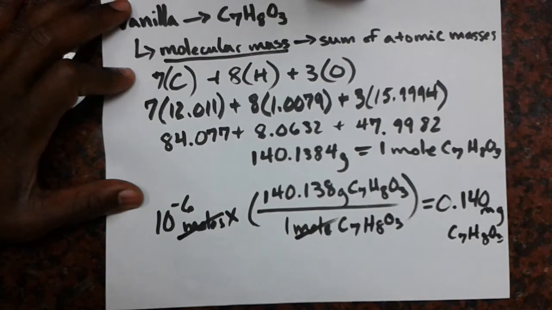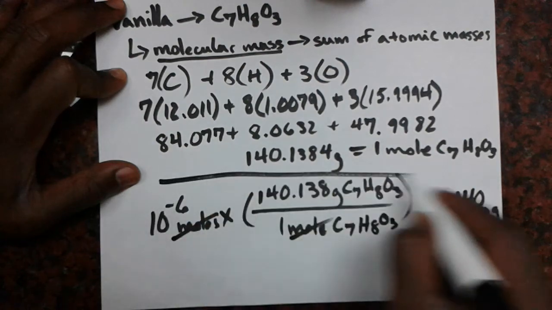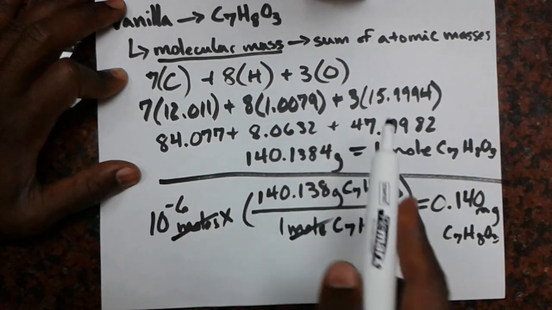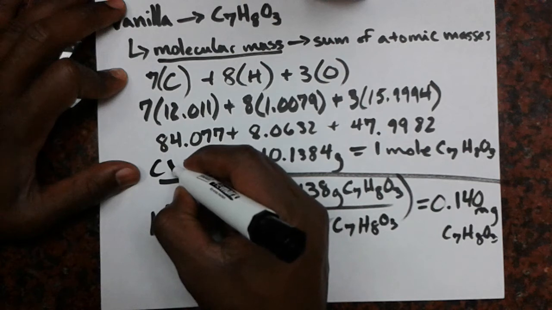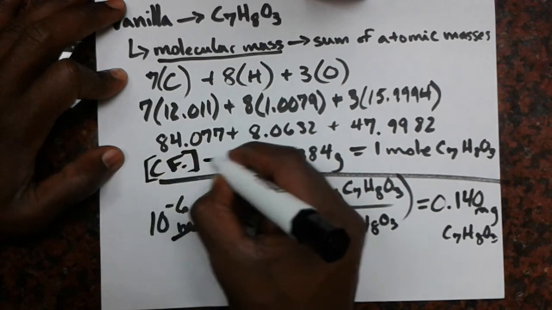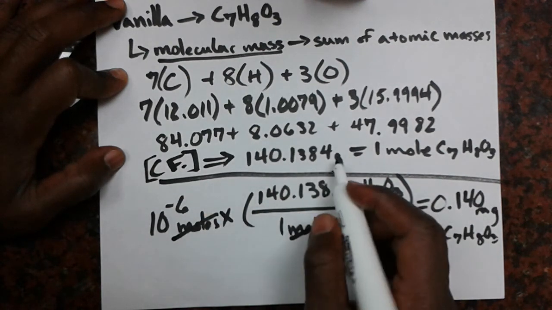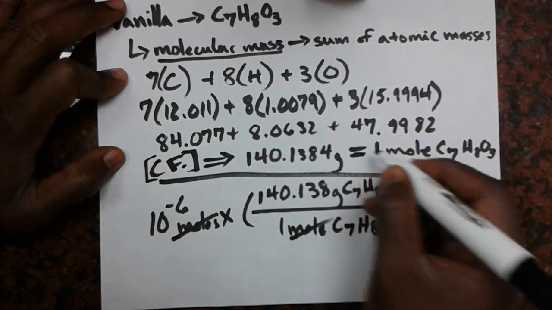So this is a clear example of how to not only determine the molecular mass of a substance, but also how to create a conversion factor from that equality of the amount in grams to the molar amount.